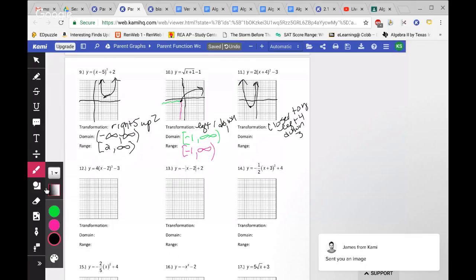It's negative infinity to infinity. It is. Good job. And what's the range?